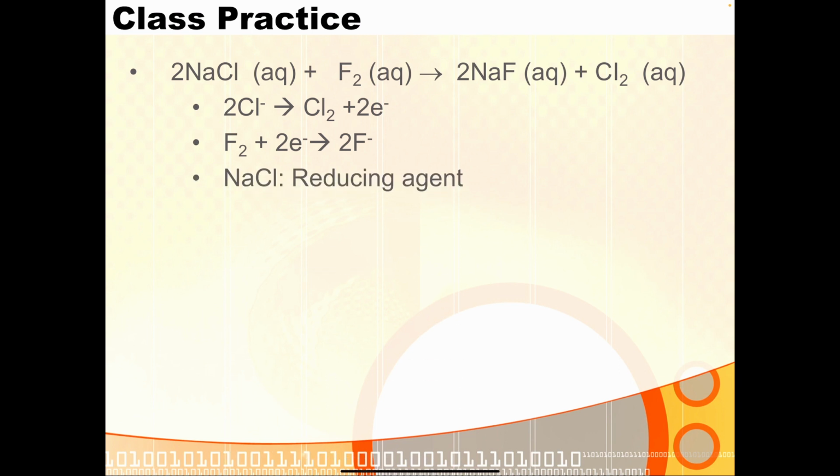So NaCl is the reducing agent. If you look at NaCl overall, it's a reducing agent. And F2 is the oxidizing agent. Why is F2 the oxidizing agent? Because it is gaining electrons. Fluorine is gaining electrons, and chloride over there is the reducing agent. Why? Because it is losing electrons.